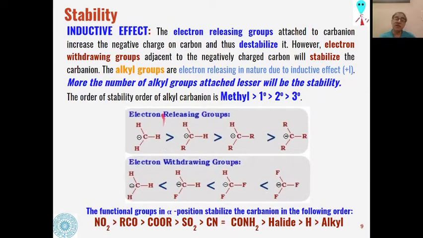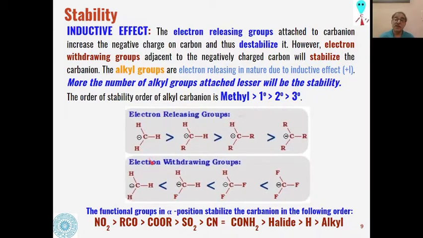That is why the unsubstituted methyl carbanion is much more stable than the monosubstituted, disubstituted, and trisubstituted ones. So the order of stability of alkyl carbanions is: methyl is more stable than primary, primary is more stable than secondary, and secondary is more stable than tertiary carbanion.